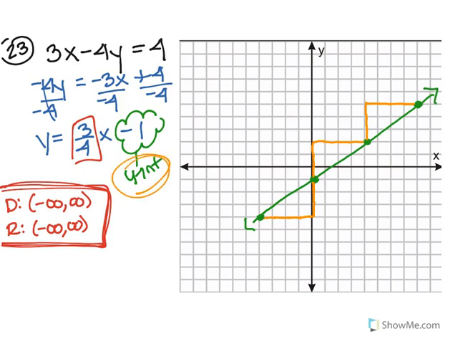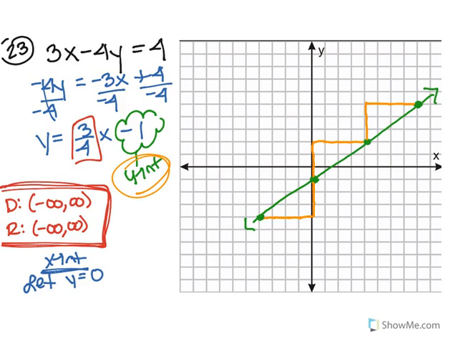But if I'm asking you specifically about your x-intercept, you've got to remember that in order to find either x or y, you've got to let the other variable be 0. So don't forget that. If I'm asking you to find that x-intercept, then you need to let your y be 0 in the original problem.